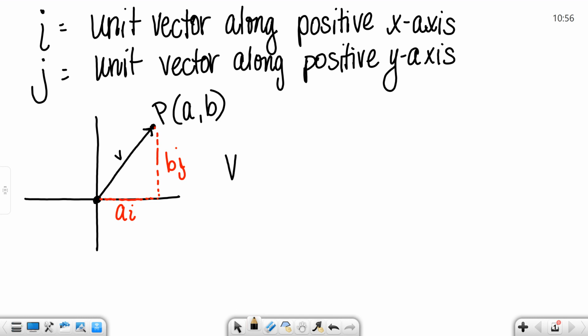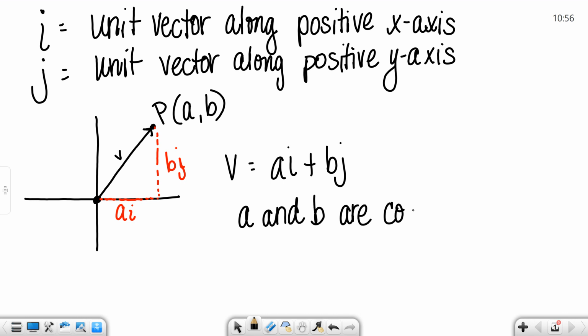Actual vector v is ai plus bj. So that would be our vector, ai plus bj. a and b, they call those components of our vector. So just making sure we understand the terminology here.